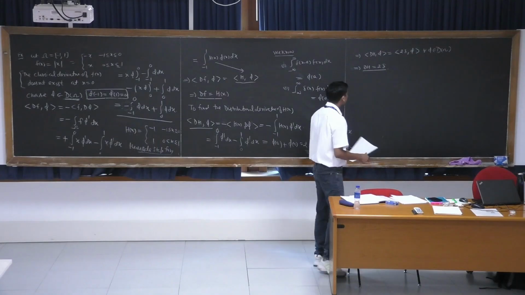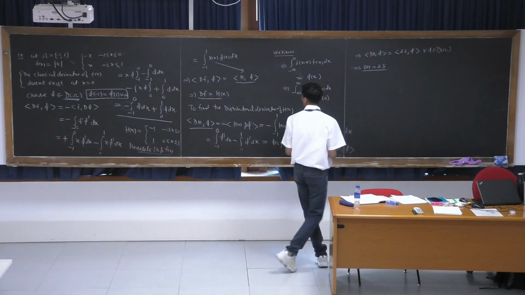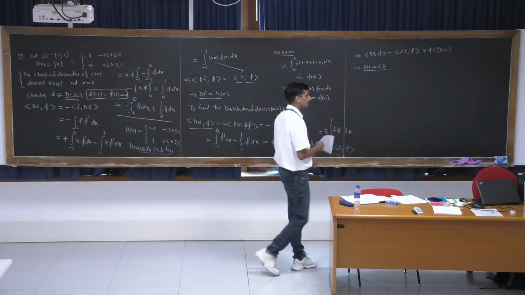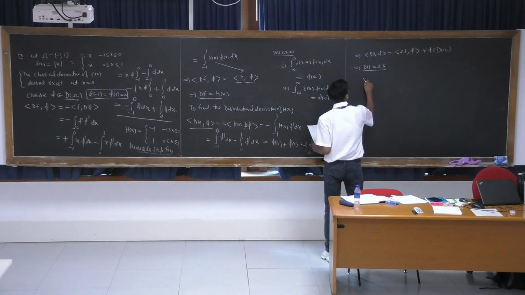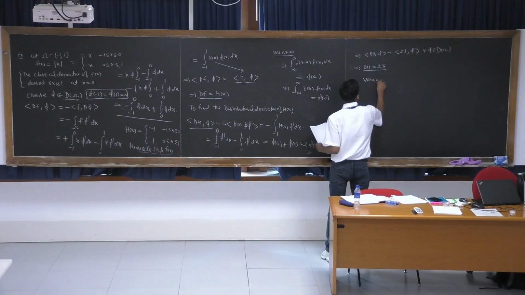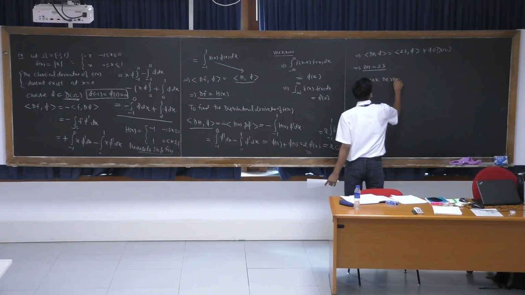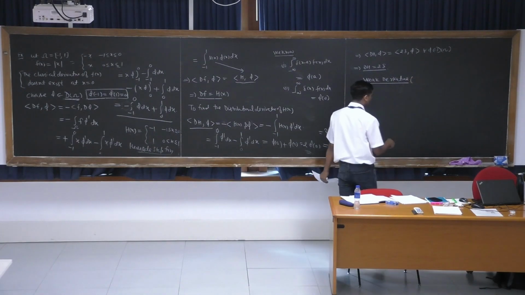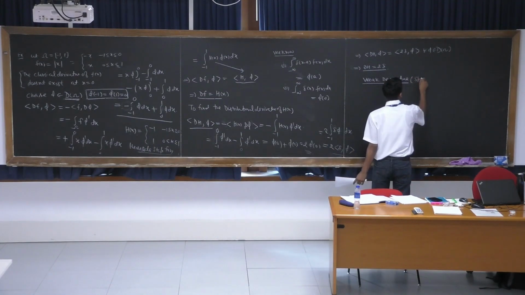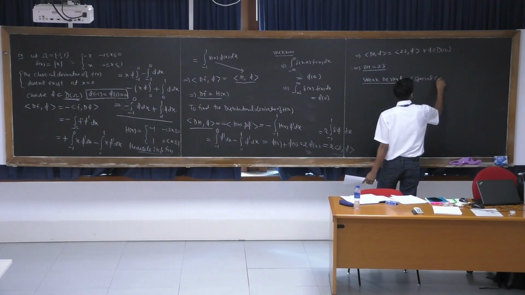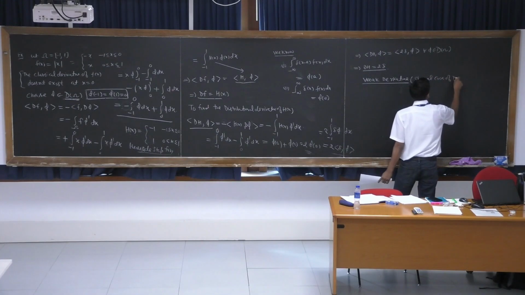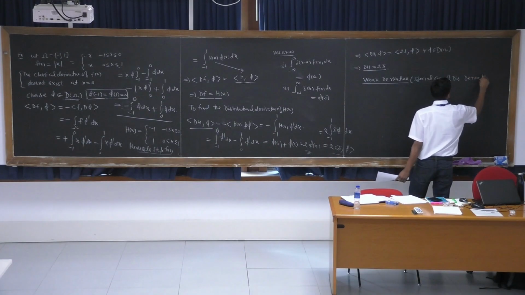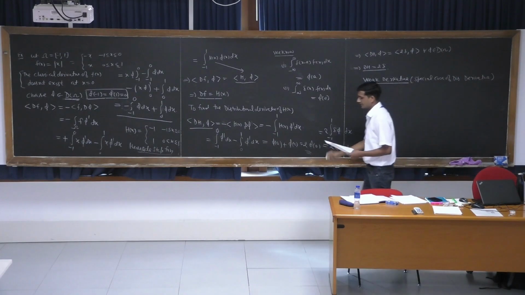The weak derivative is also a special case of this distributional derivative. So I can define what the weak derivative is here. As I told you, this is the special case of the distributional derivative.